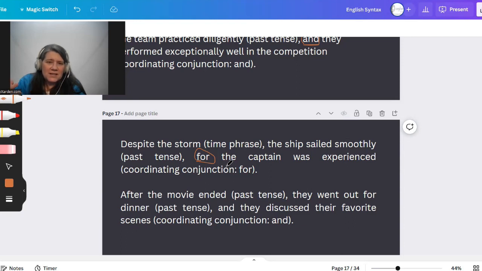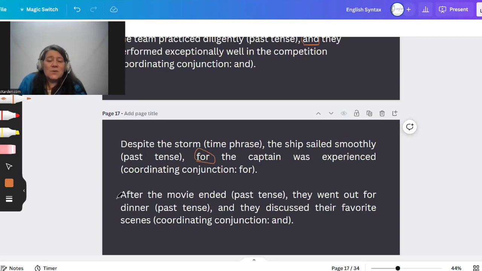We use for in spoken language as a preposition, but when it's used as a conjunction, it is another way to say because.